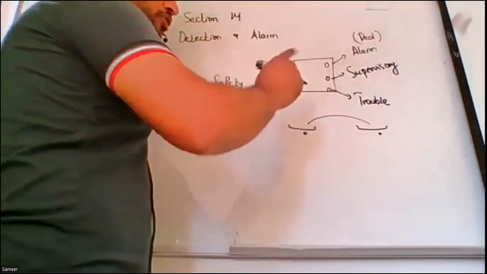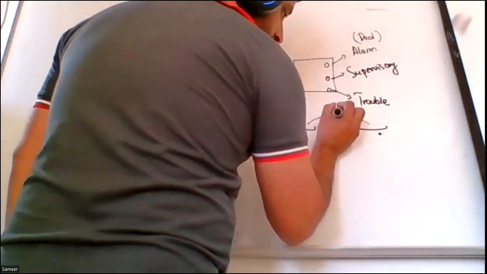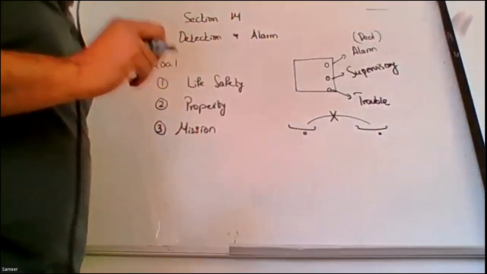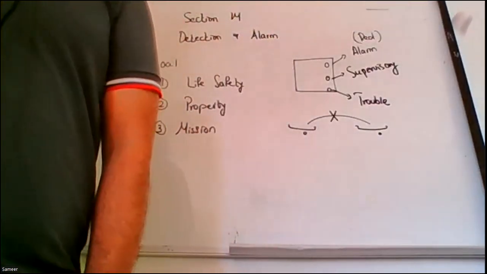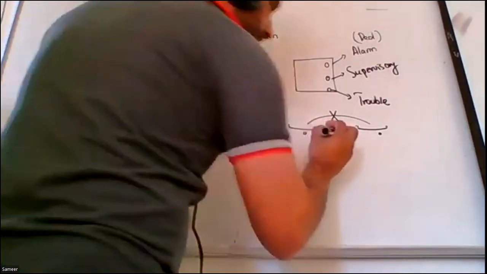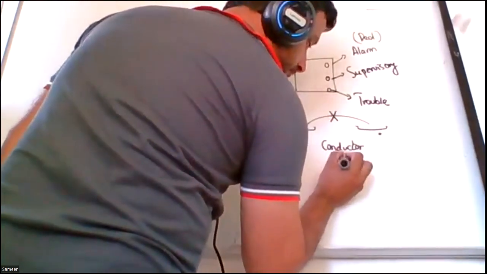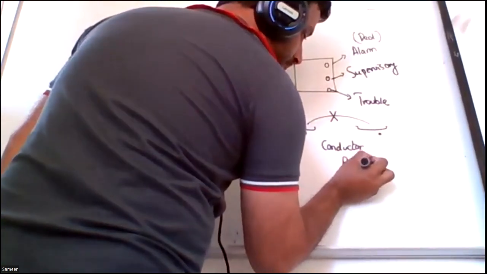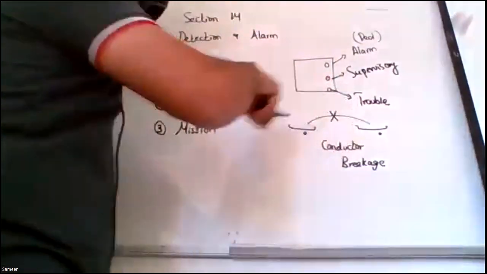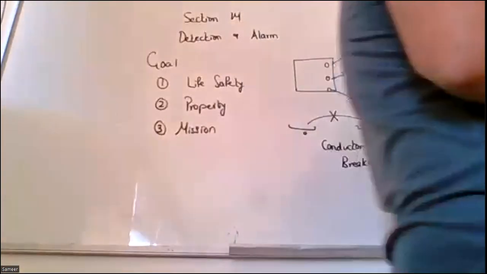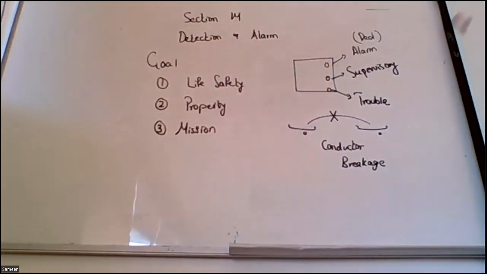Most of the failures of a fire alarm system, where the trouble signal comes up, are because of conductor breakage. This is the most common type of trouble that usually comes.